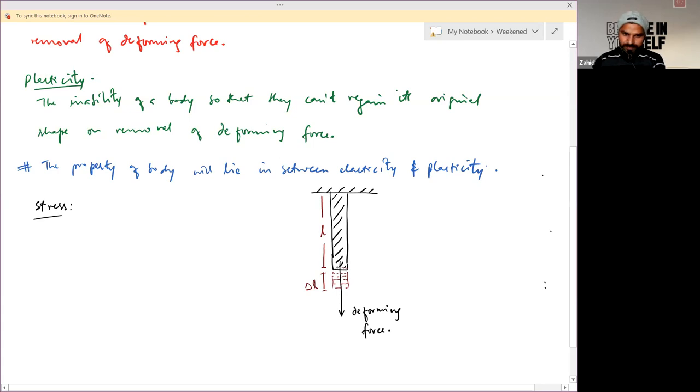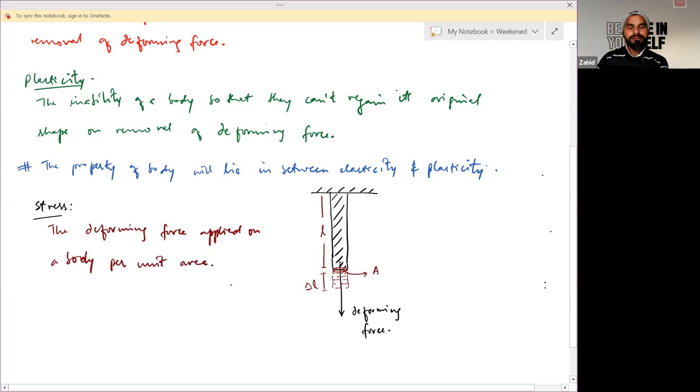The area of cross section at this point is A. Stress is the ratio of the deforming force applied per unit area of that rigid body. So stress is nothing but the deforming force applied on a body per unit area.